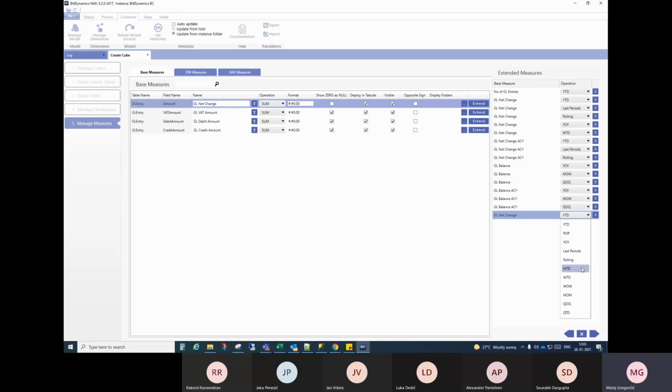This is month to date, week to date, week over week, month over month, quarter over quarter, and quarter to date. Now, these are called time intelligence measures. You may have stumbled upon time intelligence when you're building Power BI reports. Everybody's talking about time intelligence.